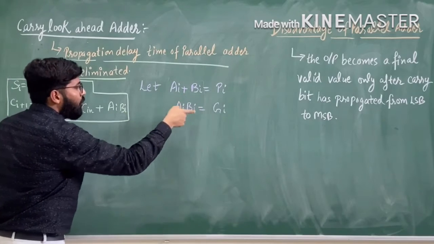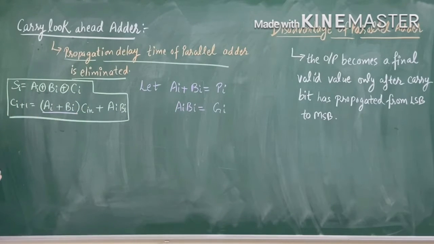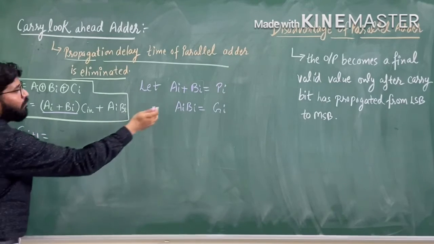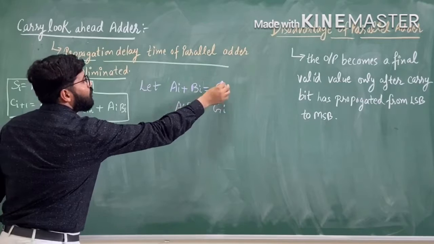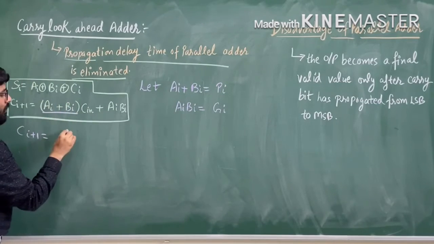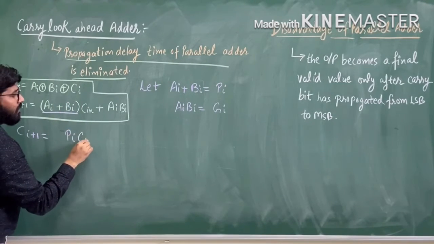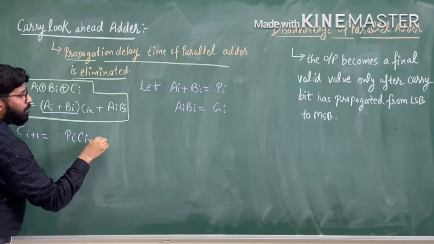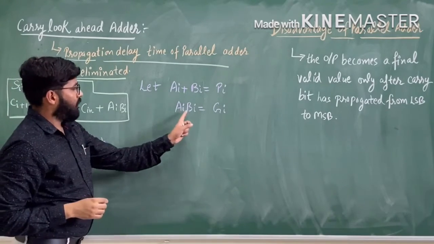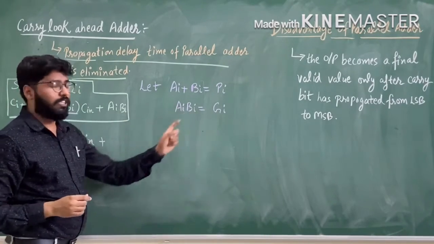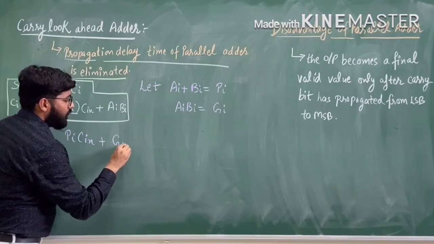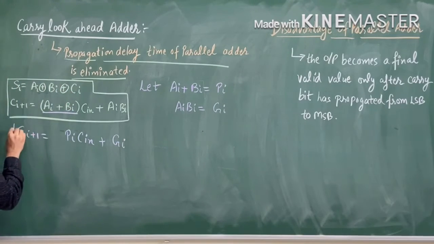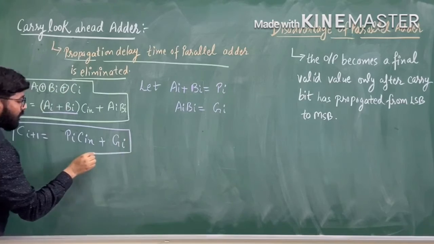Now put these two values in this expression. We get Ci+1 equals Pi Ci plus Ai Bi, which equals Gi. So Ci+1 equals Pi Ci plus Gi. This is the final carry.